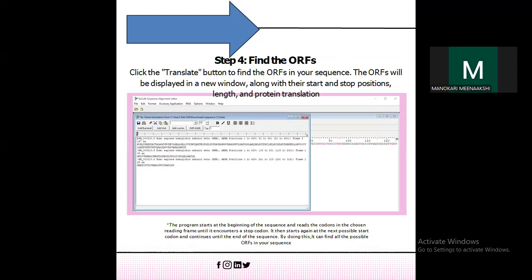Next, we are going to find the ORF. For that, we press the translate button to find ORFs in your sequence. Once the ORF search is completed, the result is always displayed in a new window, along with the start and stop positions, the length and the protein translation too.